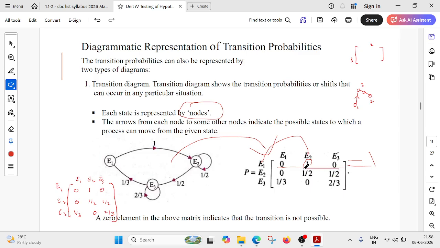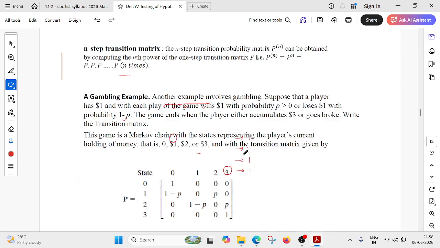If you add these, you need to get 1. Then only we can take the transition probability matrix for the Markov process and Markov chains. A zero element in the above matrix indicates that the transition is not possible. If some value is there, then it is possible.